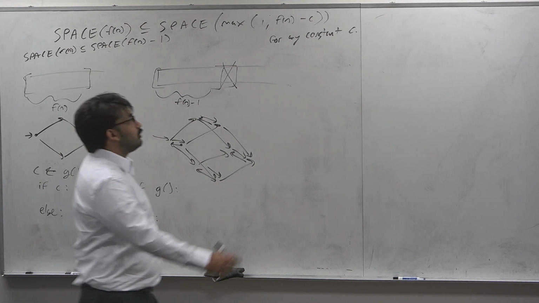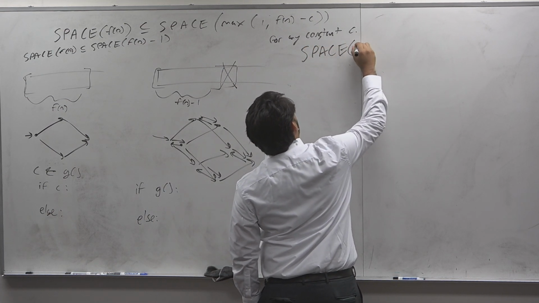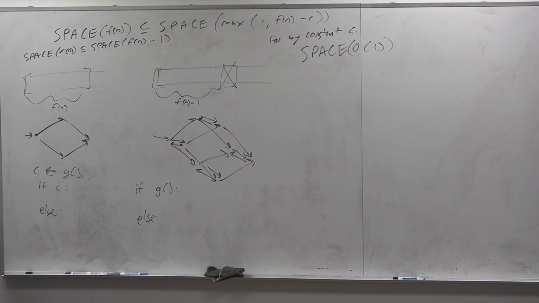What does this tell you? Characterize for me what space of O of 1 is. What is constant space? It uses the same exact amount of space the whole time. Exactly. It uses at most, say, 3 cells of the tape, no matter how big the input is. There's another name for that.